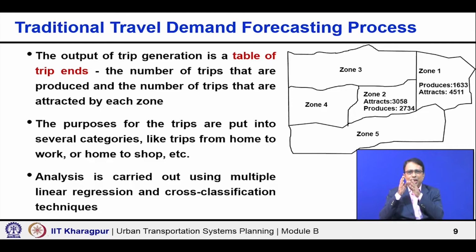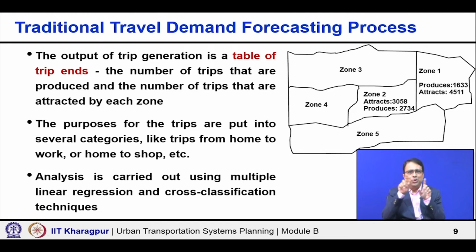Similarly, if you take a column and add all the cells in a column, it should be maybe 1 to j, 2 to j, 3 to j, 4 to j, like that n to j. So, you add all this, that means how much are coming to zone j. So, by trip generation, we estimate these row totals and the column totals.